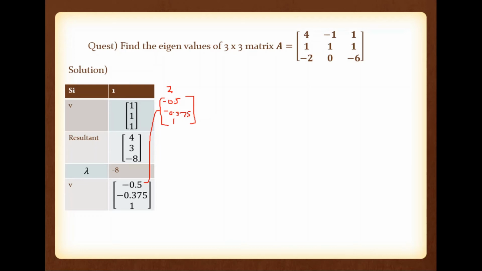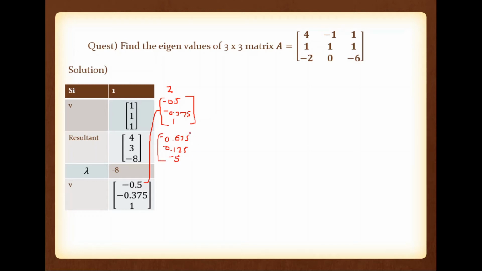So it will give minus 0.625, 0.125 and minus 5.